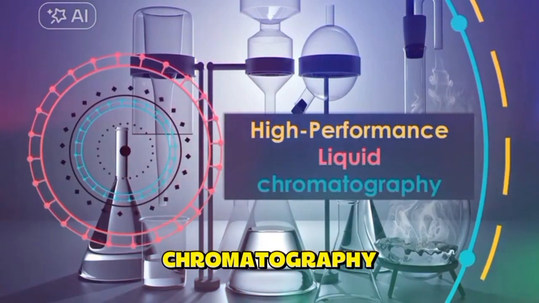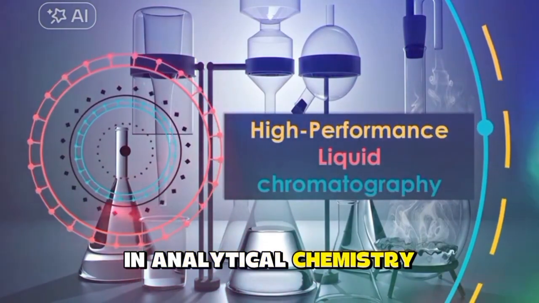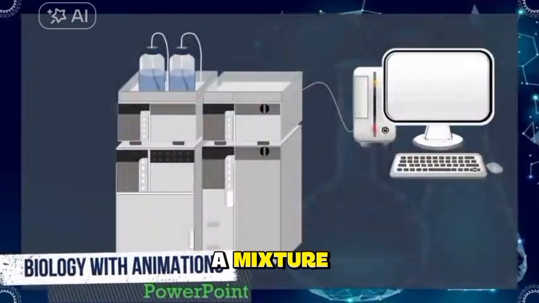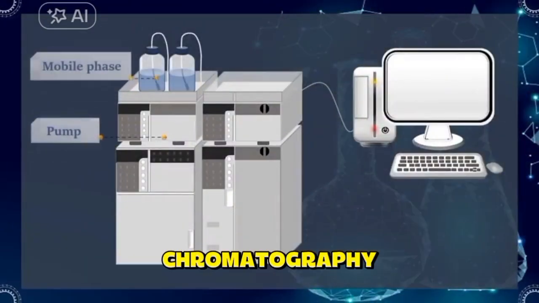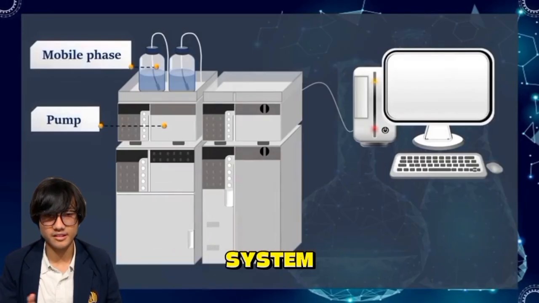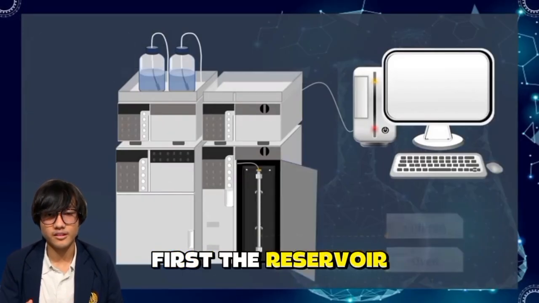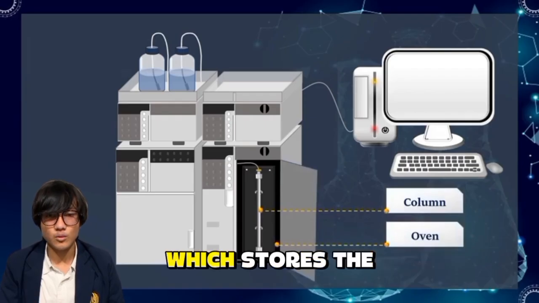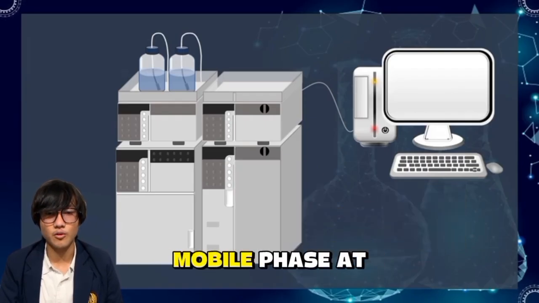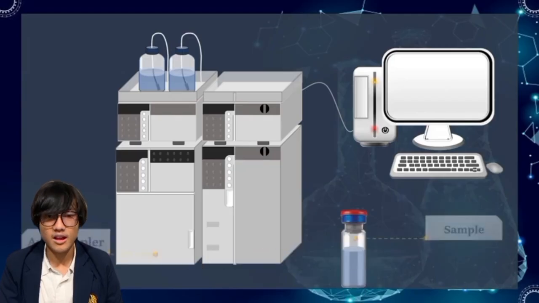High-performance liquid chromatography is a technique in analytical chemistry used to separate, identify, and quantify each component in a mixture, as well as other forms of chromatography. Now look at the main components of an HPLC system. First, the solvent reservoir or mobile phase, which stores the solvent. Next is the pump, which delivers the mobile phase at high pressure.